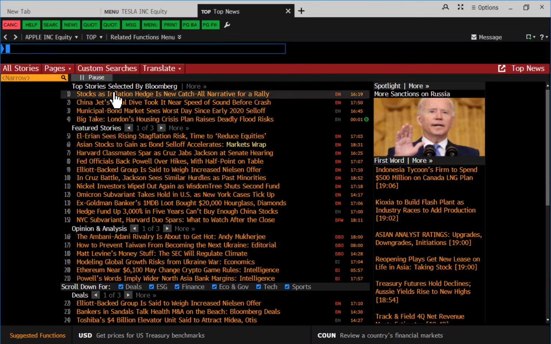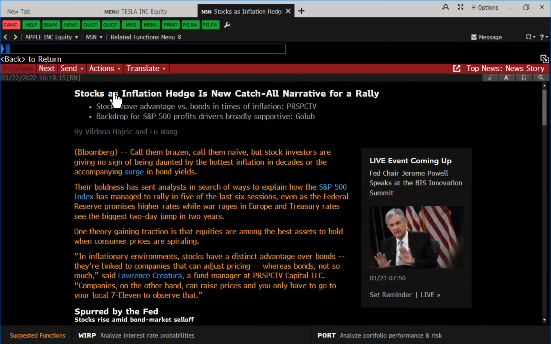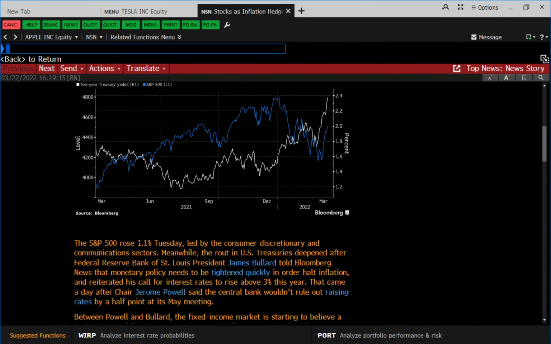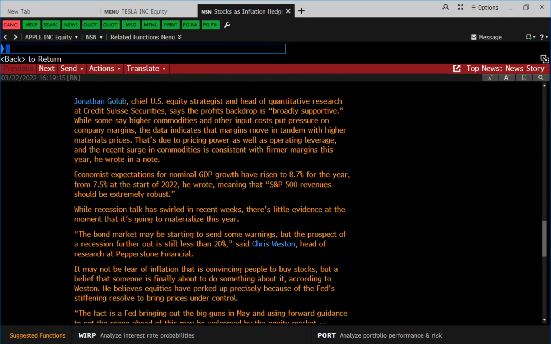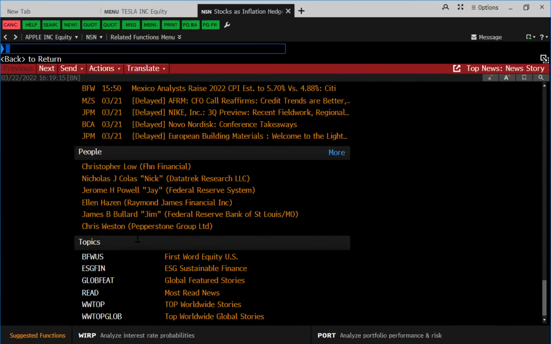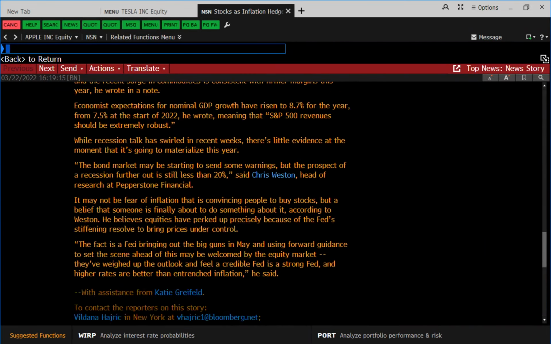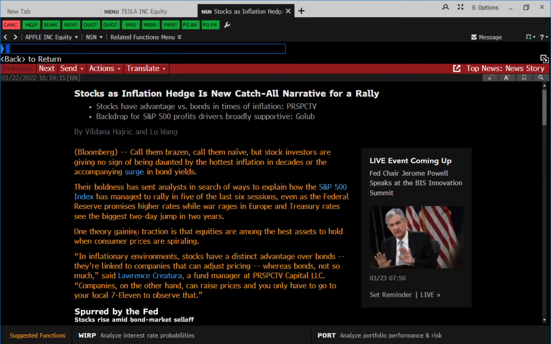All of this news, if you are logged into Bloomberg, is free for you to read. However, if you access it from the website, you probably will see some warning about paying or subscribing to Bloomberg. But if you log into Bloomberg Terminal, then you can read all of those news for free.